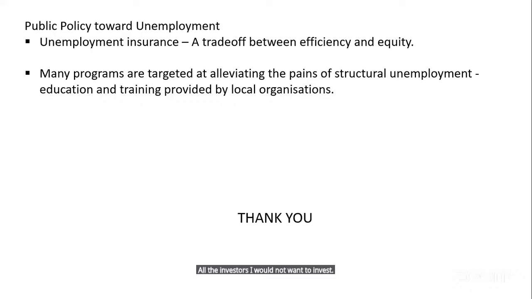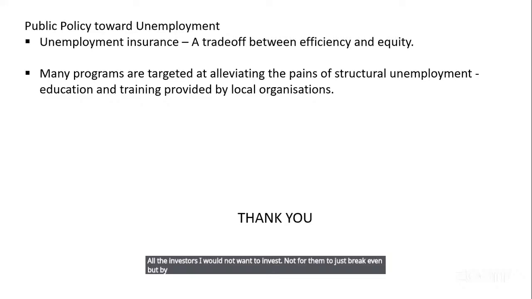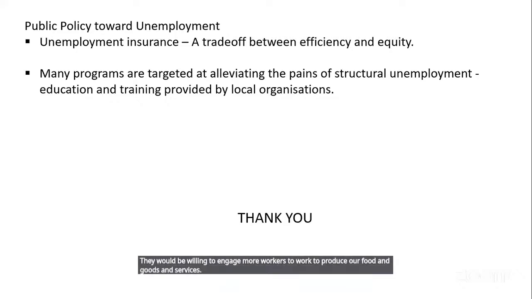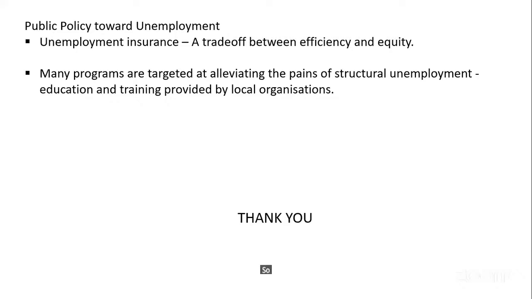In order to break even, they will sack some of their workers. During depression, there will be more unemployment. But during the boom, when the economy is growing, they will be willing to engage more workers to produce output, goods and services. So the unemployment rate will be reduced.